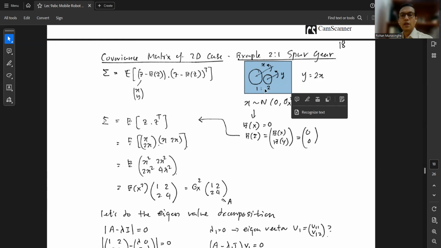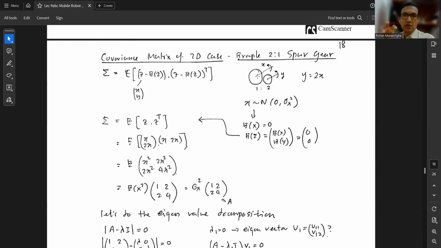Now, if I say the first wheel is twice as big as the second wheel, what I have is actually a 1 to 2 spur gear, right? So the motion of the first gear is X, motion of the second gear is Y. X and Y are angles here, all right?